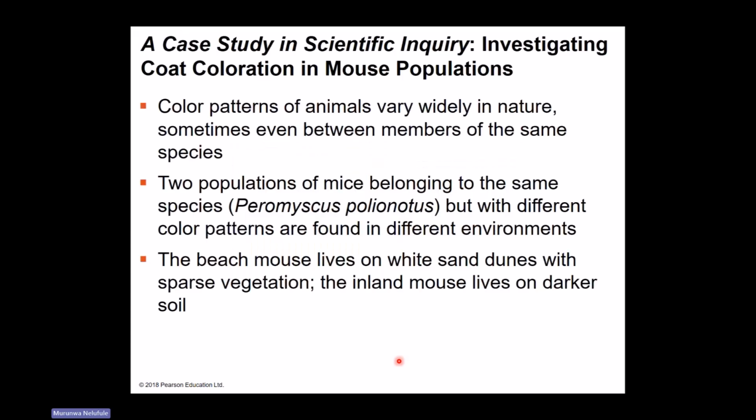So we're going to go back to the case study we talked about earlier last week, a case study of a scientific inquiry investigating coat coloration in mouse populations. The color patterns of animals vary widely in nature, sometimes even between members of the same species. So you can be from the same species but vary differently.